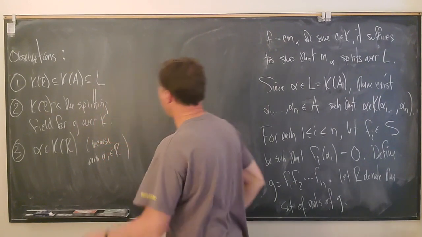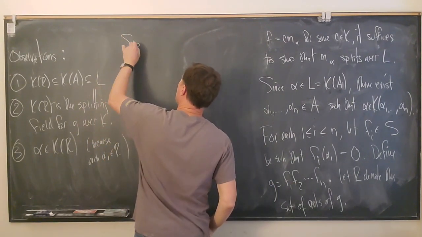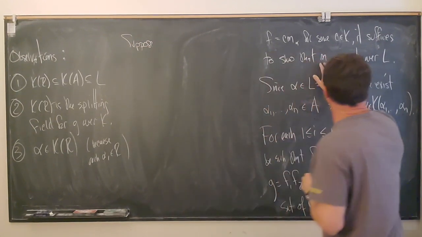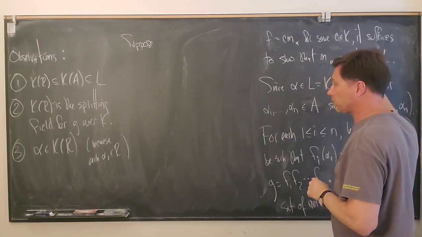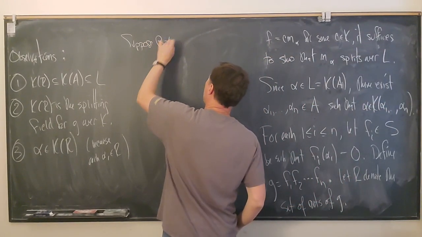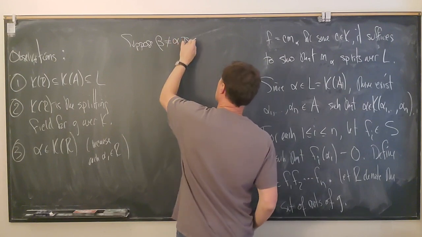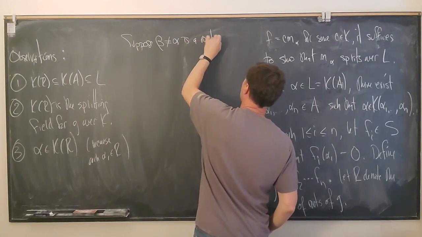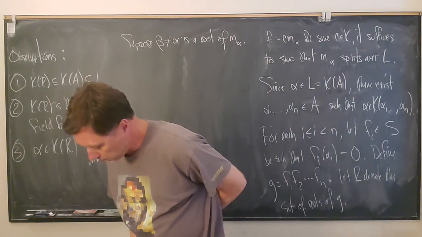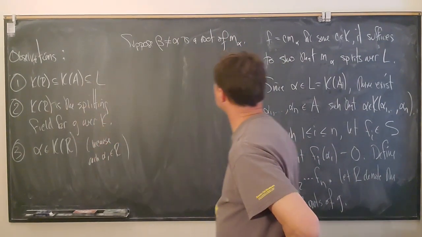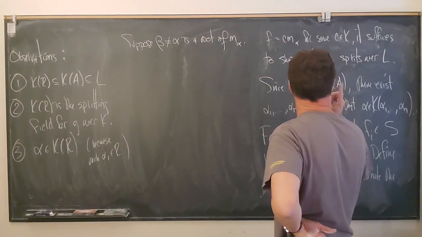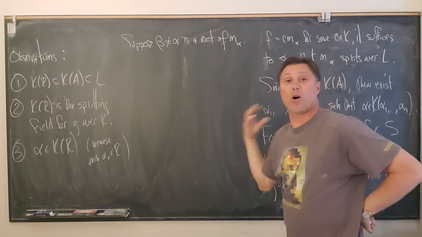Okay, so now suppose, remember our goal, to keep an eye on what we're trying to do. We're trying to show that m sub alpha splits over L. So suppose that beta not equal to alpha is a root of m sub alpha. What do we need then? Well, if we want m sub alpha to split over L, then we need L to contain all the roots.